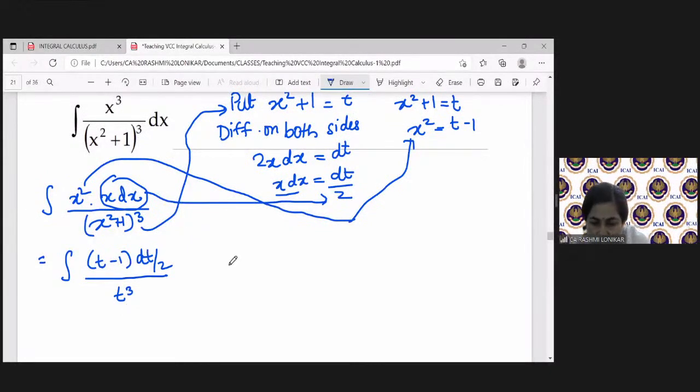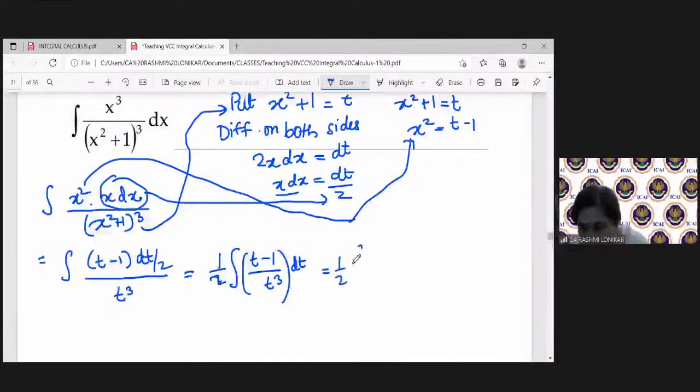So this becomes 1 upon 2, because I don't need the number here, I am going to take it out of the integration. 1 upon 2 integral of t minus 1 upon t cube dt. This can be written as 1/2 integral of t upon t cube minus 1/2 integral of 1 upon t cube dt. This is also dt.